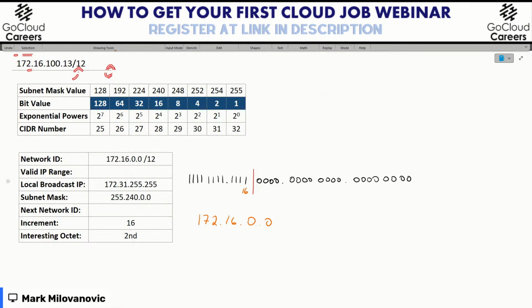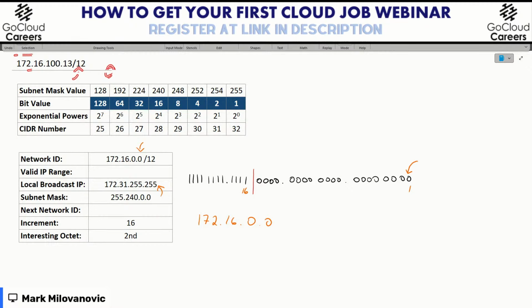Okay, so I want to focus now on trying to figure out what is my first valid IP address. I know what the beginning of the range is, this is the beginning, this is the end. I want to know what the next one is. And as we said earlier, the way to do it is I need to turn on the far right bit to 1, because we're still doing basic decimal counting at this point.